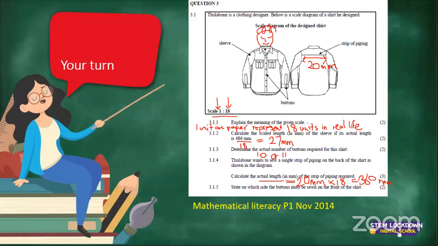Buttons will go through the top part, so they must be sewn on the right, so they can appear on top of the left. So here I'll say it is on the right. Remember, buttons go through the overlapping part, so it must be on the right. Some are saying left, but I'm saying right.